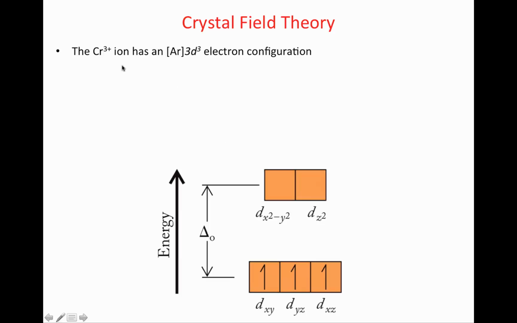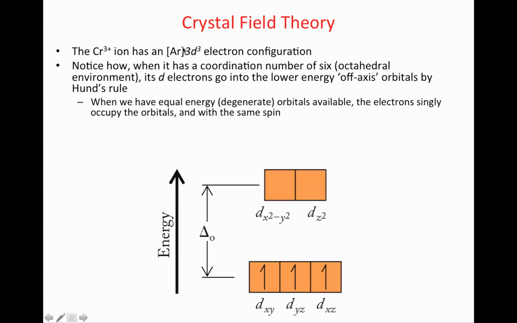So once again, the chromium ion has this electron configuration. It has the electron configuration of argon, then it has these 3 valence electrons, and they're in d orbitals. And so this would represent the electron configuration for this system right here. We're assuming here that this chromium ion is in an octahedral environment, so there are 6 ligands around it.